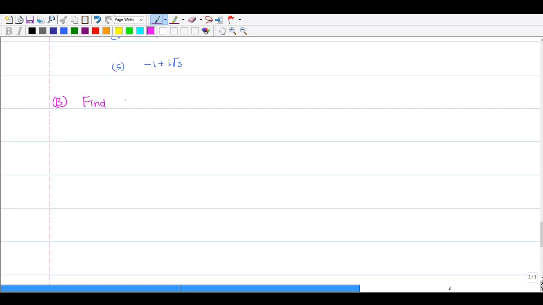Find the square roots of the following. Number 1 will be 2i.